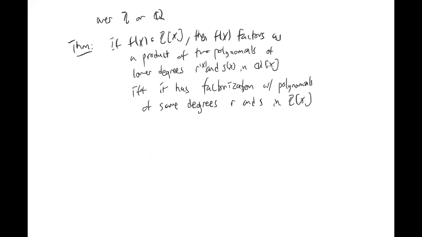An example would be: if I could factor f of x as (a over b x minus p over q) times (c over d x minus e over f), so if you could factor it over Q, then you could have a factorization of the same degree over Z. You just clear denominators.